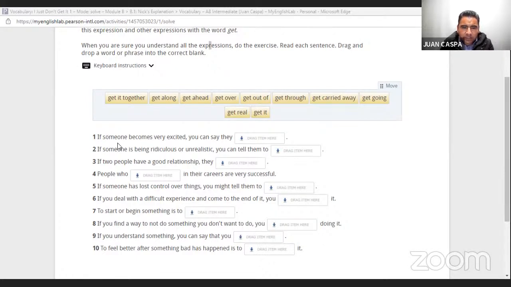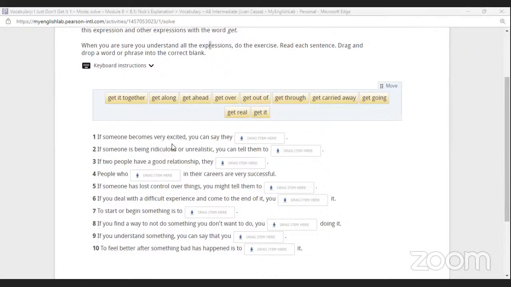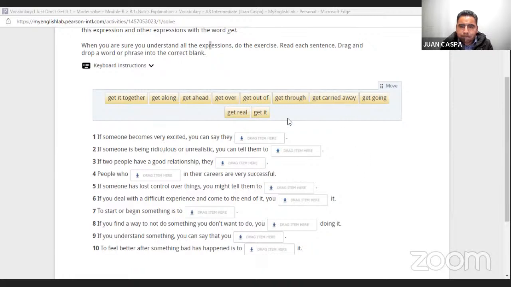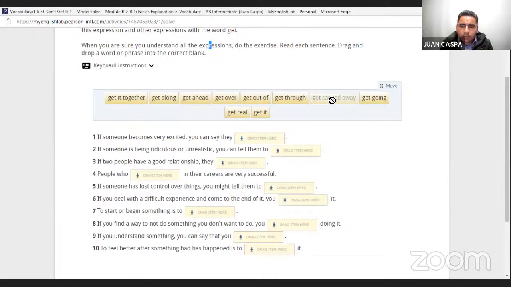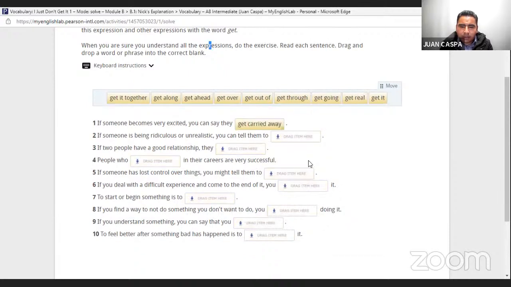Not really. Or someone get going. Becomes... not really. You can see the screen, right? Yes, yes, I can see. Yes. It is get carried away. Probably. Okay, we're going to check it out later.